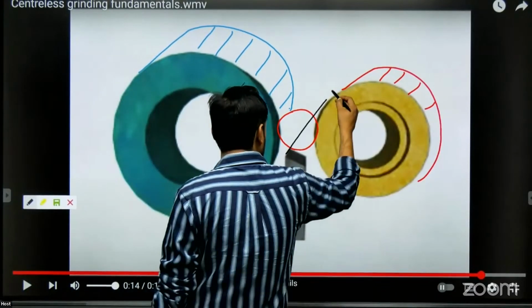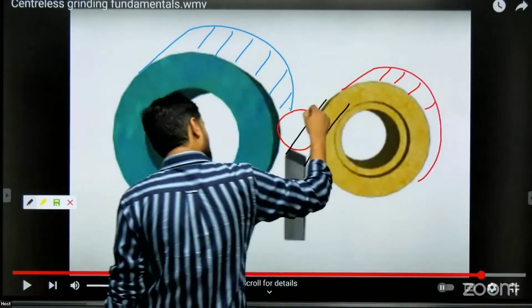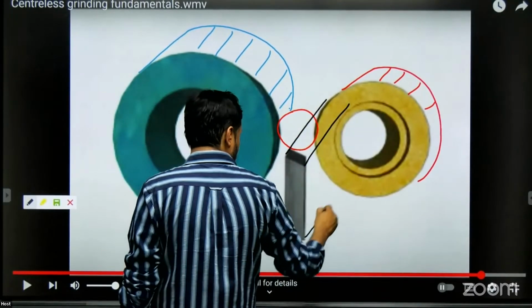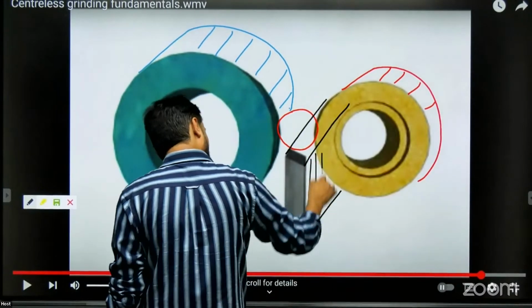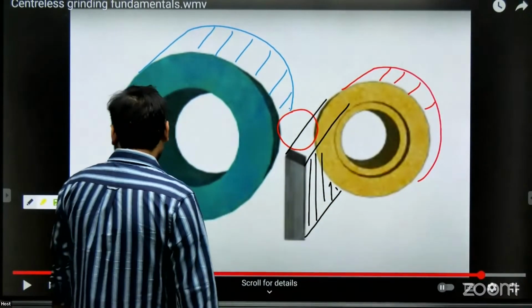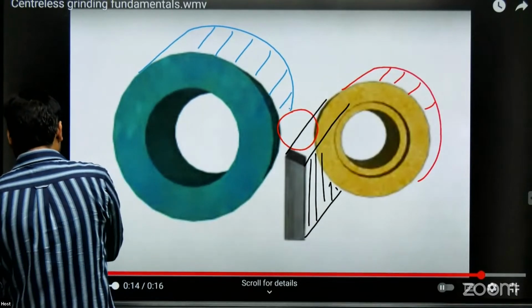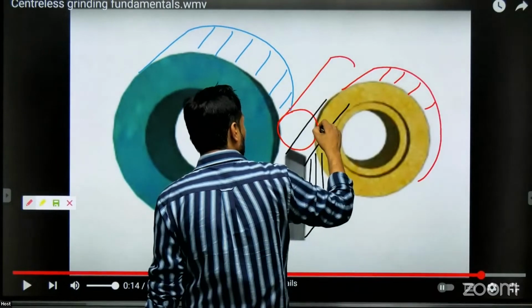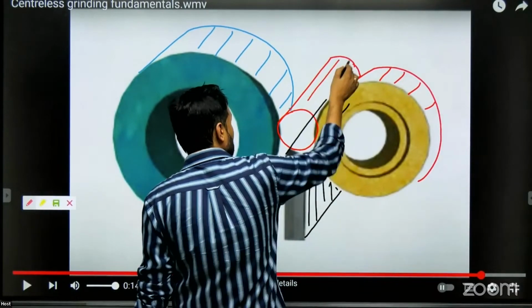It is there behind like this, right? It will go inside like this. Okay, and this cylindrical workpiece will be fully cylindrical like this, that is the cylindrical workpiece.